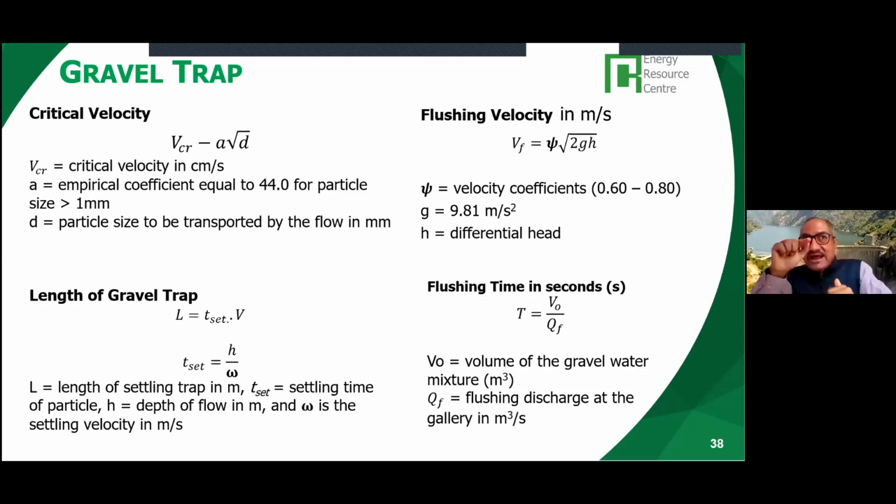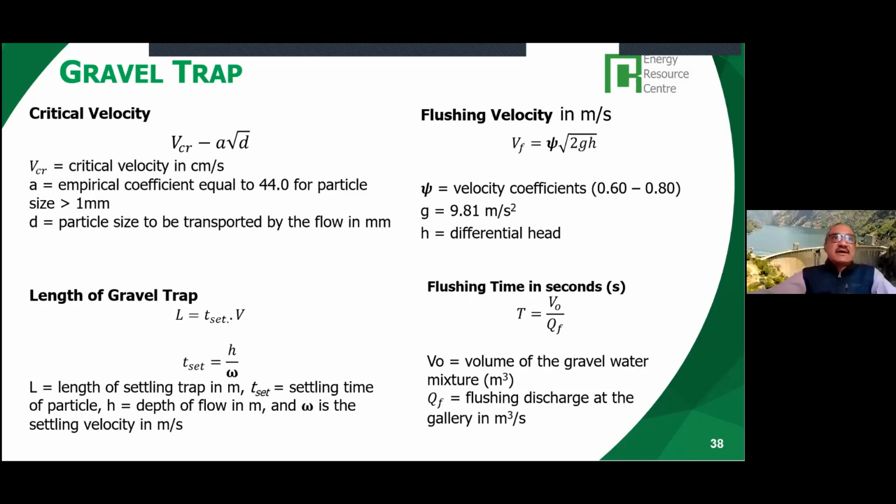is to transfer the gravel. The critical velocity is calculated using a very simple formula: critical velocity should be equal to A times the square root of d, for particle size of more than 1 millimeter. So what it does is it tries to settle and trap all particles that are more than 1 millimeter in the gravel trap.